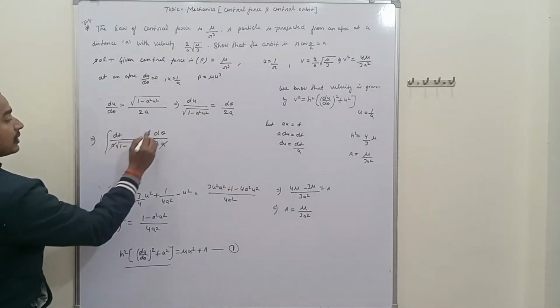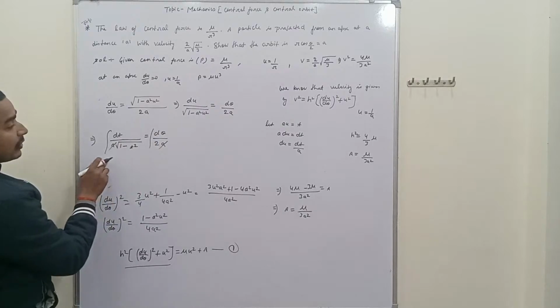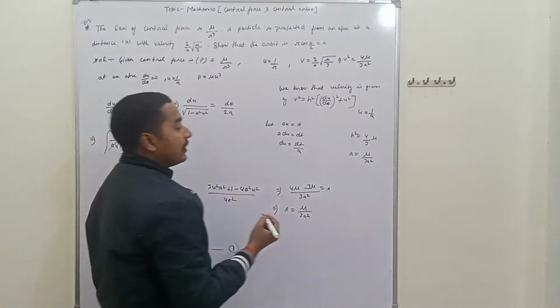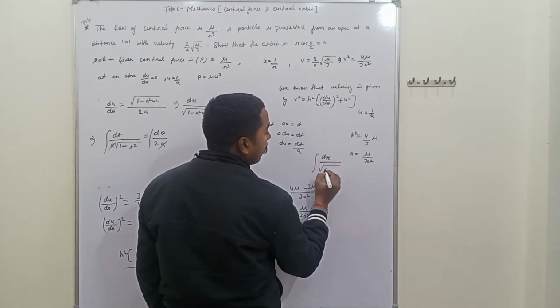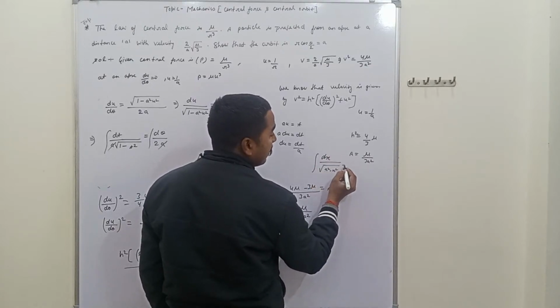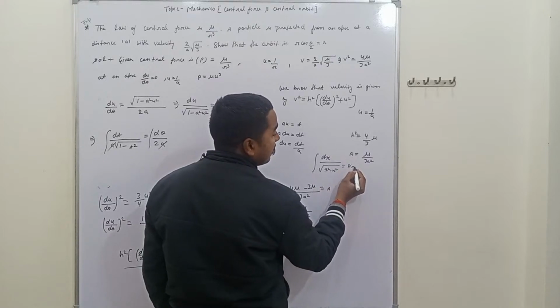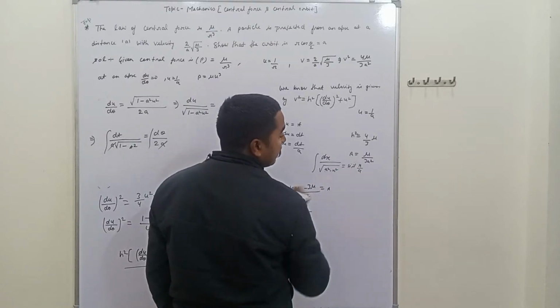Taking integration on both sides, we know the following identity in integration: integration of dx upon under root of a square minus x square is given by sine inverse of x upon a.